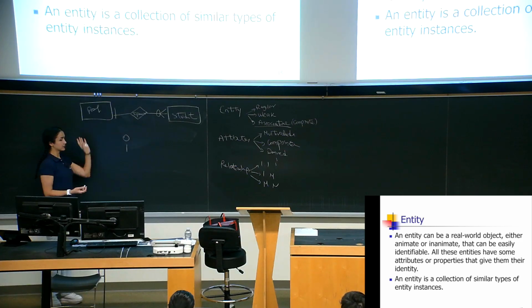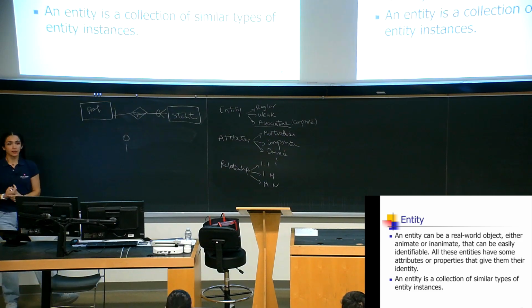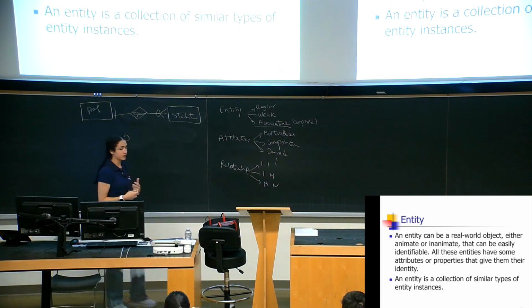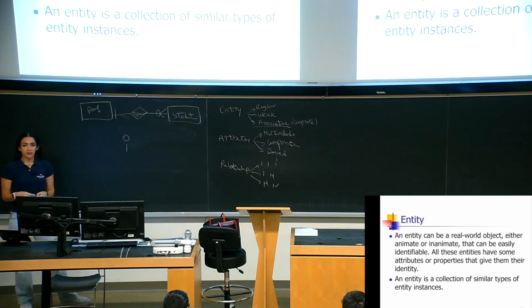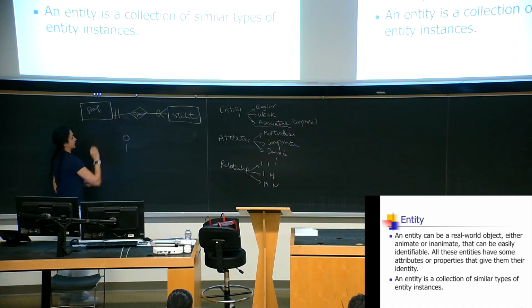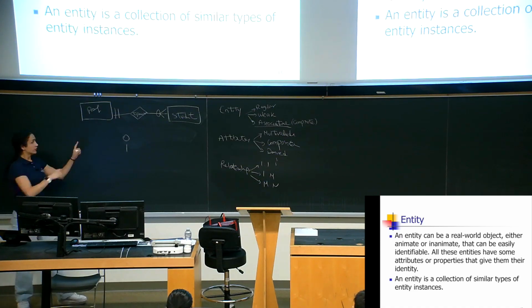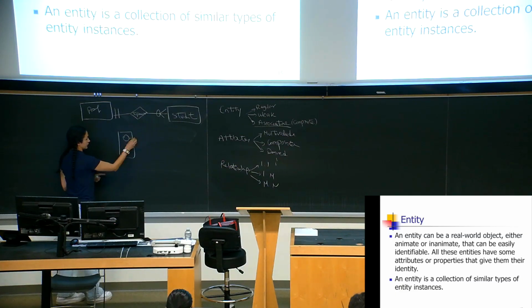Now, from the other side, we said each student can be supervised by one prof. Can we have a student that is supervised by no professor? Again, it depends on your assumption. If in your assumption each student should have a supervisor, then this is mandatory. Okay? Now, we can have different combinations of participation, which is this is optional and this is mandatory, right?